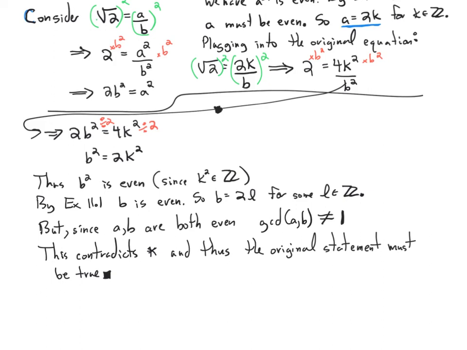And that is proof by contradiction. It's a good method to use for sure, especially when part of your statement has to do with not having a property. Like irrationality is not being rational. And it's kind of hard to write down irrationality itself, but it's really easy to write down rationality.